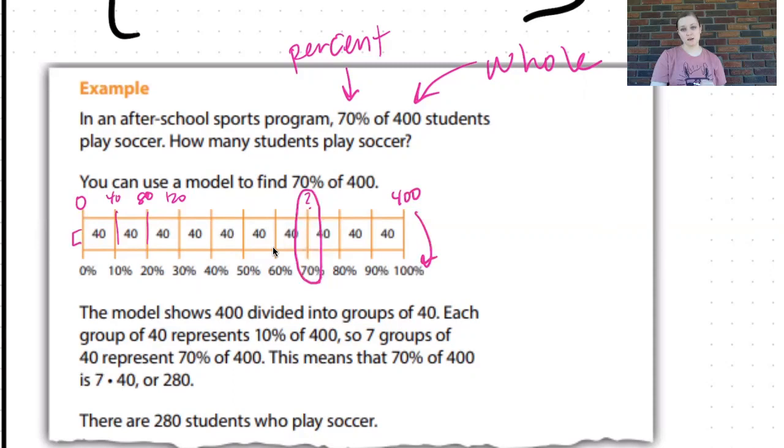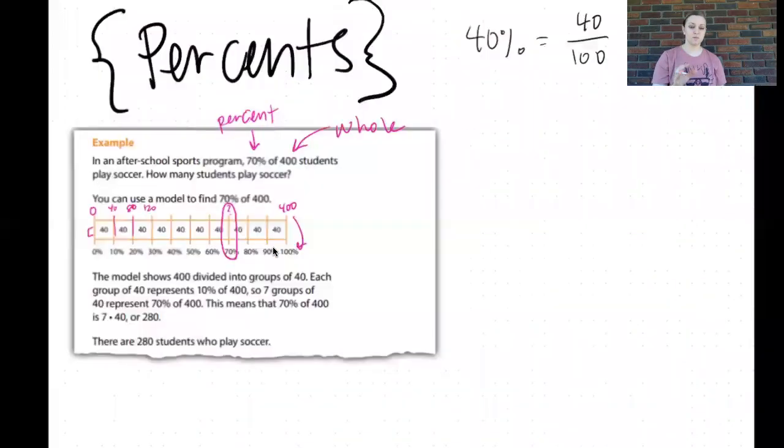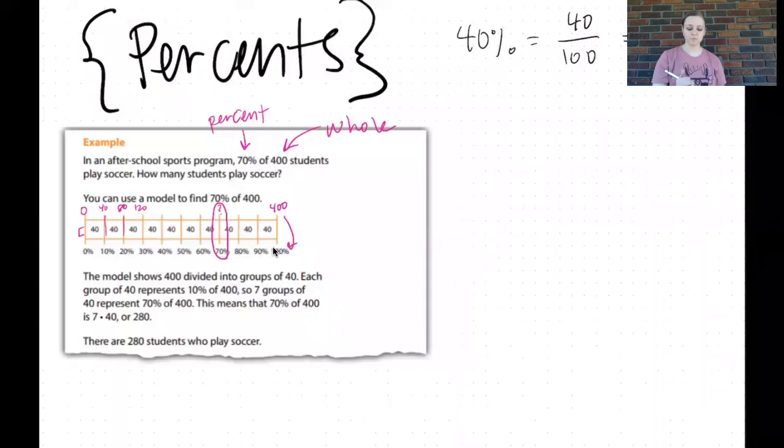So I can do a couple of different things here, okay? You can use this double number line diagram where you can say, okay, well, 70% is just 7 parts of my total, right? If I split this up, each little part is 10%, right? So I can divide my 400 total by the 10. That's how they got 40 in each box, right?